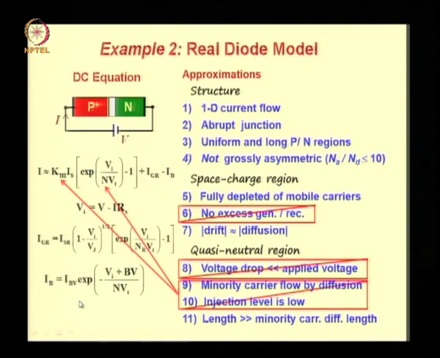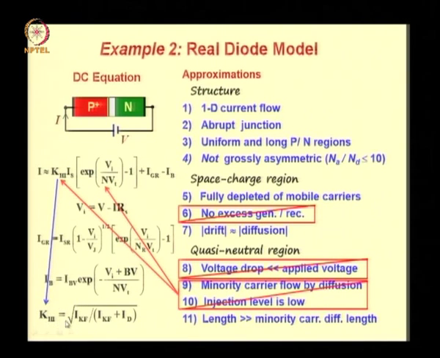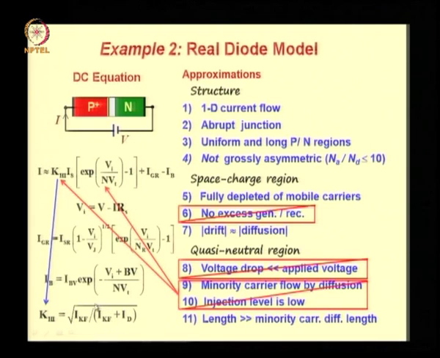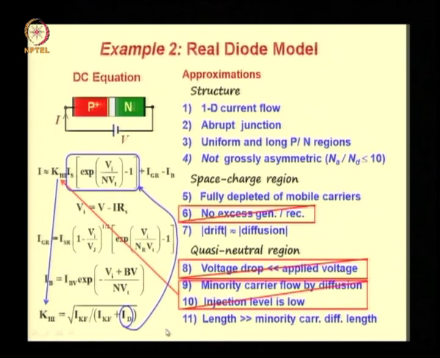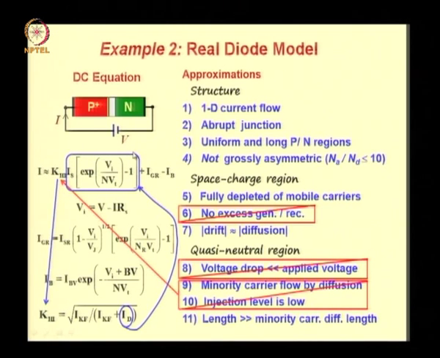This KHI is given by the formula square root of IKF divided by IKF plus ID. So IKF is another parameter and ID is nothing but the current IS into this exponential factor.